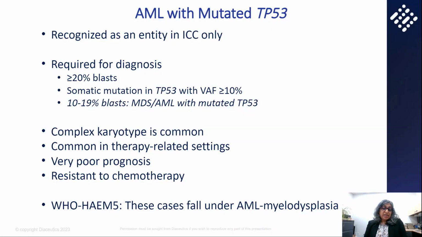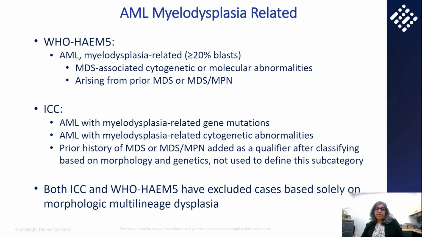This entity does not exist in the WHO classification. So for these cases, if we were to classify them using WHO 5th edition, most of these would fall under the category of AML with myelodysplasia-related changes given the presence of complex karyotype. So let's look a little bit more at this entity of AML myelodysplasia-related.